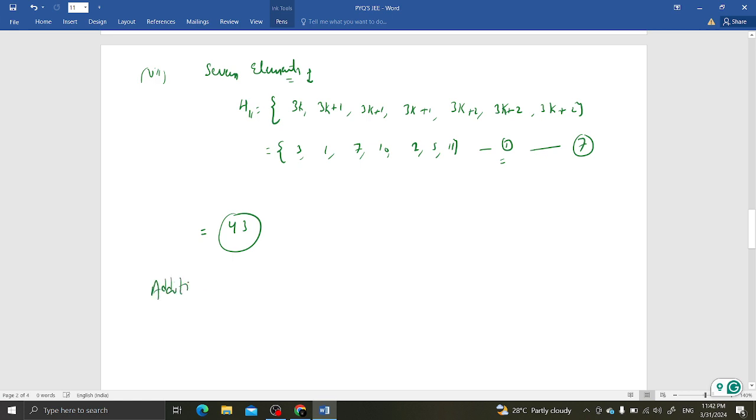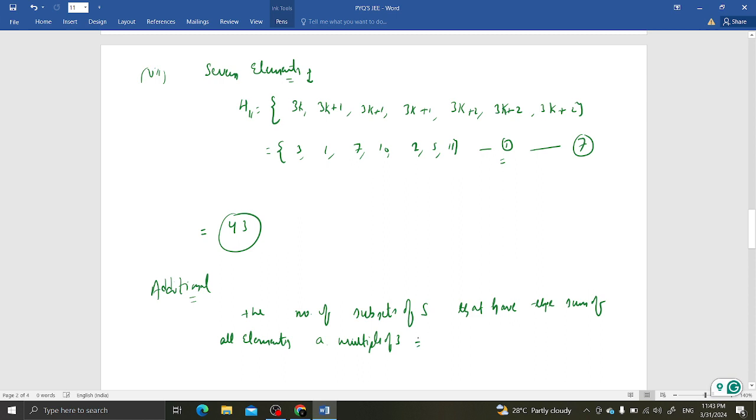The difference is, if they write the number of subsets of S that have the sum of all elements a multiple of 3, then we have exactly 44, because at that time we also need to add the empty subset. The empty subset also needs to be added, because in the empty subset the sum of elements is 0, and 0 is divisible by 3 also.